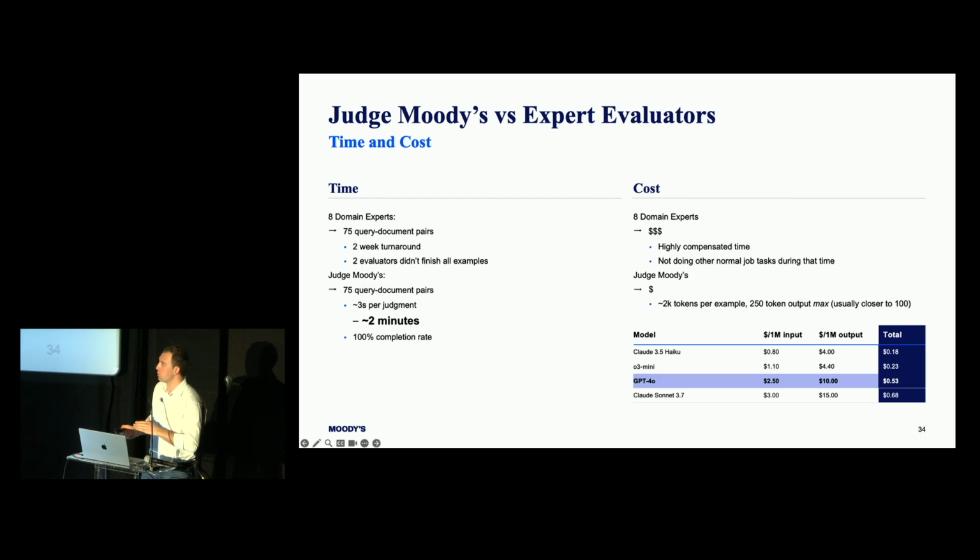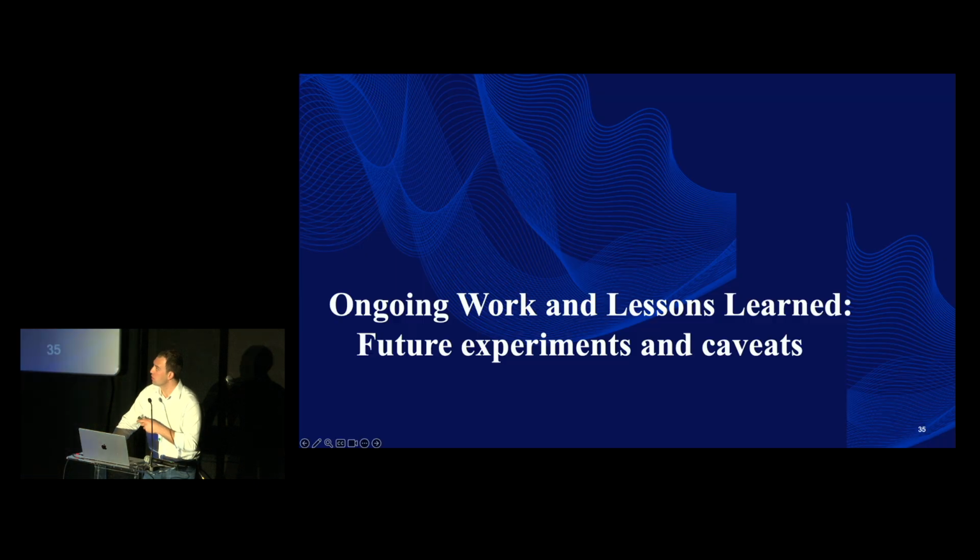Our explanations need to be short. And then just based on how much models cost to run, this is cents on the dollar to run the same experiment. So within 2 minutes and 50 cents, we got comparable judgments to financial domain experts. And a thing to note, as we get more and more people, this may be more and more expensive.